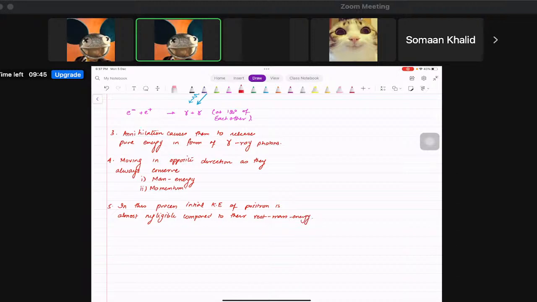Hence, the gamma ray photons have a specific energy and a specific frequency that can be determined. That's fine. Okay.